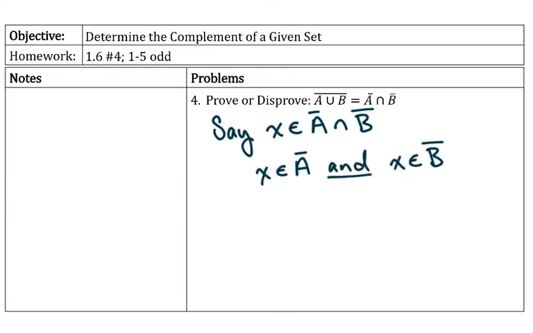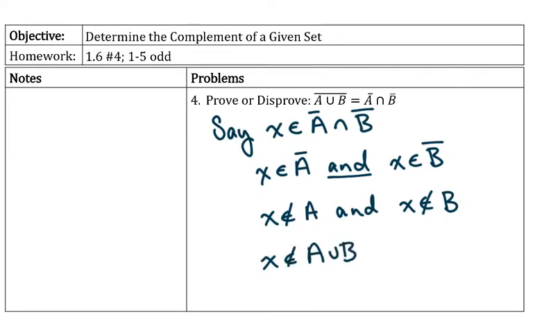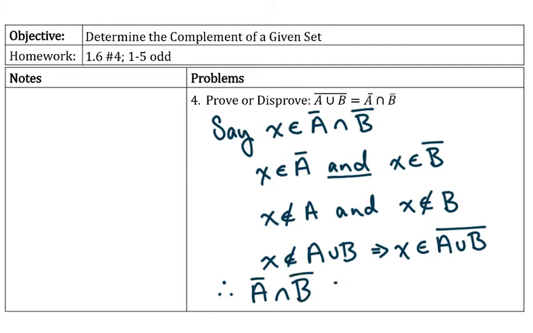Since they're in the complements, that means x cannot be an element of A and not in B. And so if x isn't in A and x isn't in B, then x isn't in the union of those two, and therefore x must be in the complement of that union. So now we've shown that the intersection of the complements is a subset of that first set.